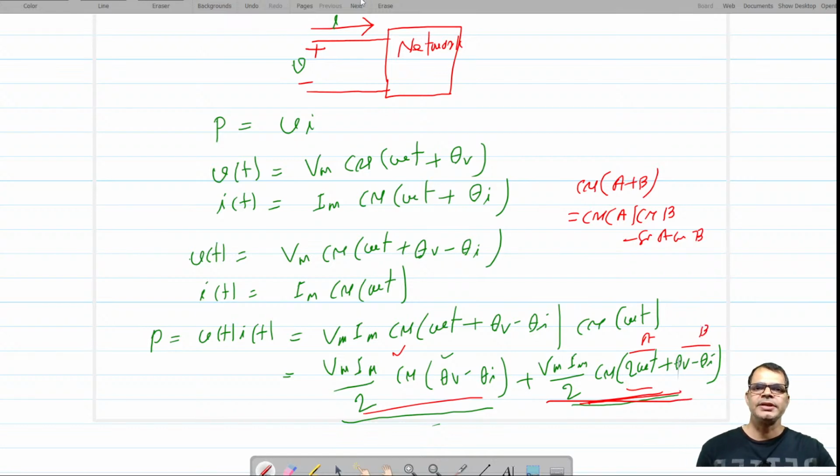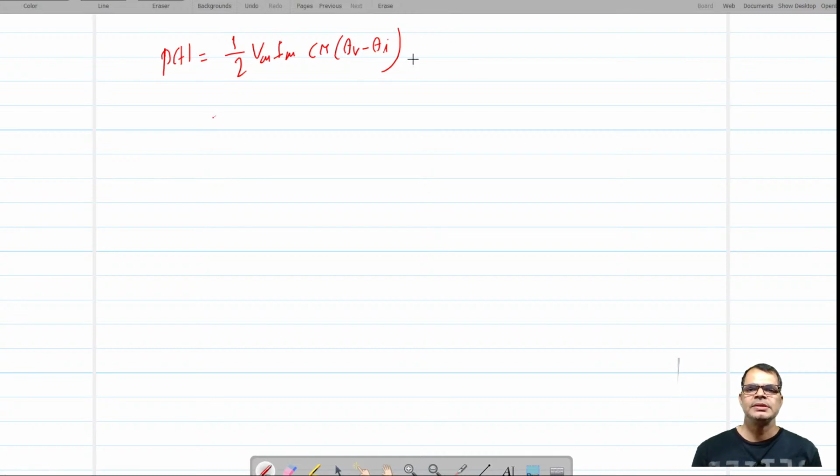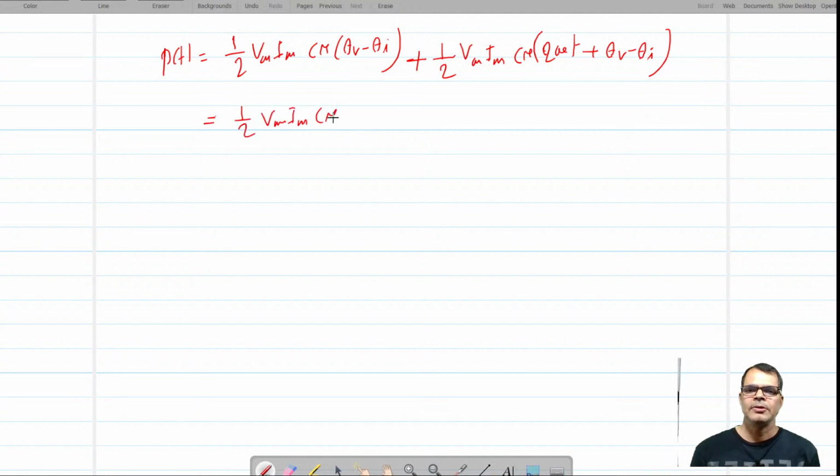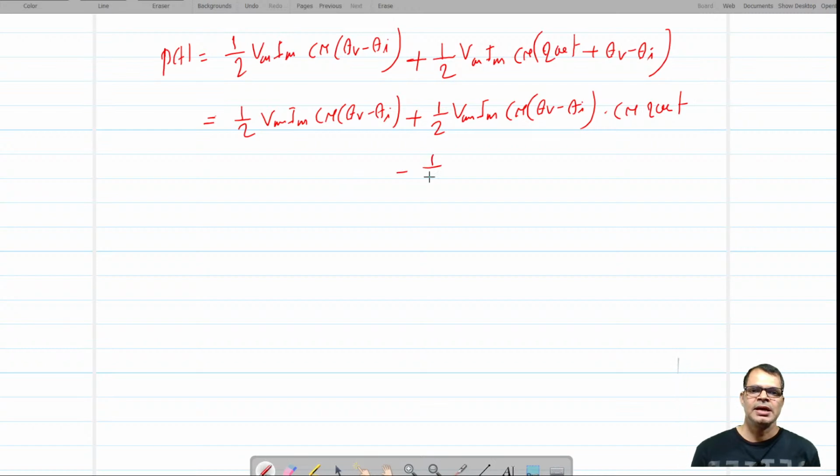So let us try to write. p(t) is equal to half Vm Im cos(theta V minus theta I) plus half Vm Im cos(theta V minus theta I) into cos 2 omega t, minus half Vm Im sin(theta V minus theta I) into sin 2 omega t.